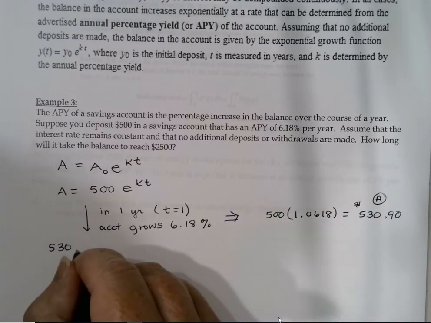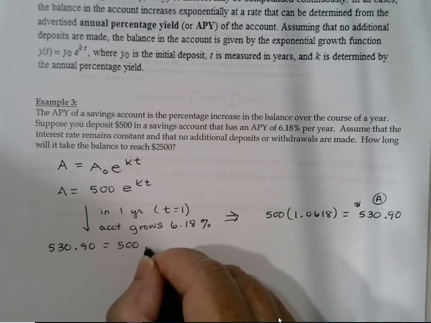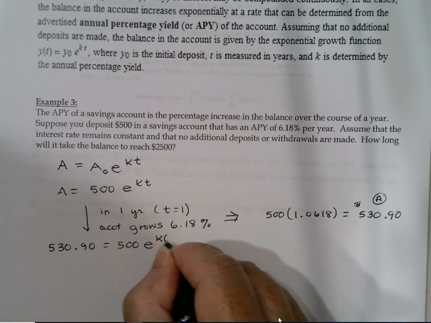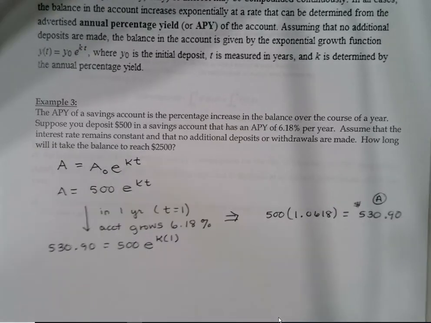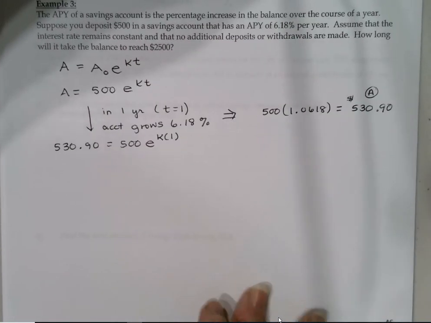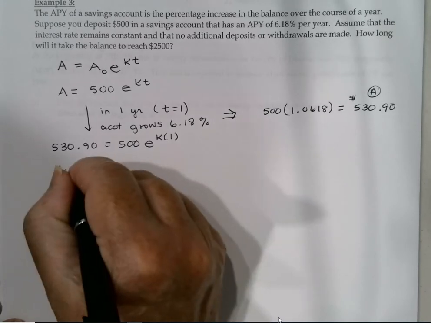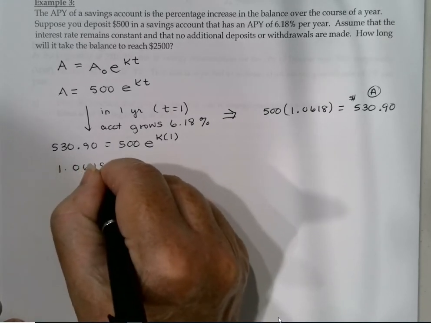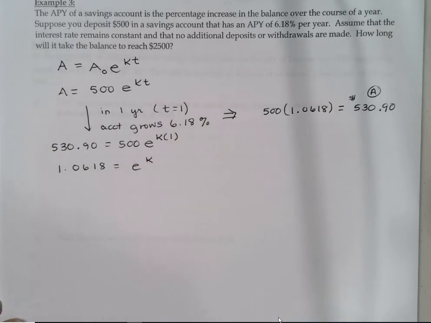So 530.90 equals 500 e to the k times a time of 1 year. If we divide out the 500, not surprisingly, I get 1.0618 equals e to the k.